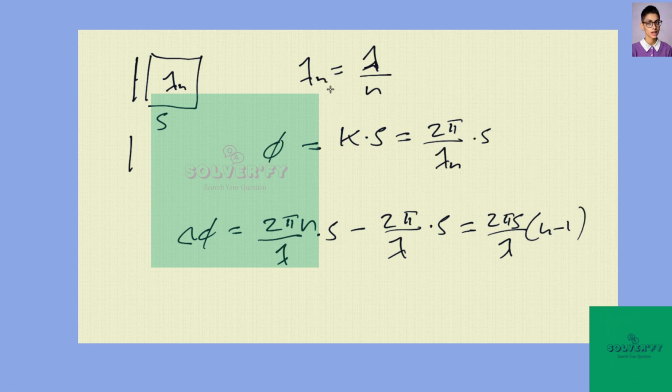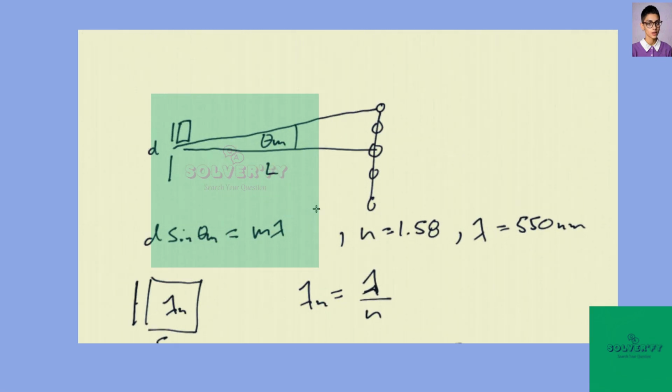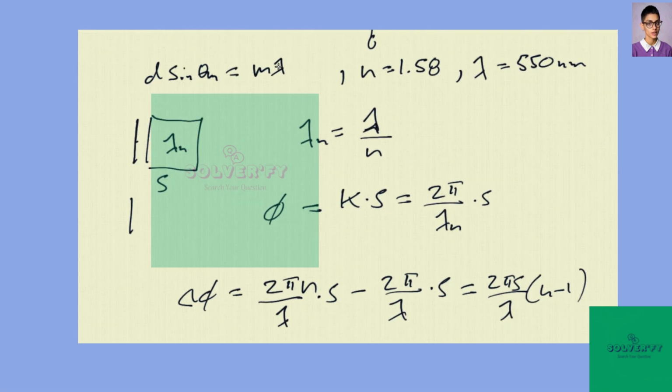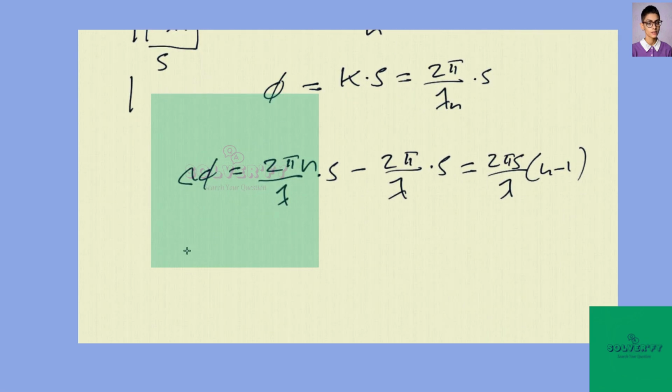And they're telling us that that is equal to the 7th fringe up here, which means the 7th fringe just got moved down, essentially. If it's the 7th fringe, then the path length difference is m times lambda. That means delta phi, which is equal to 2 pi s over lambda times n minus 1, is equal to a phase of 7 wavelengths.